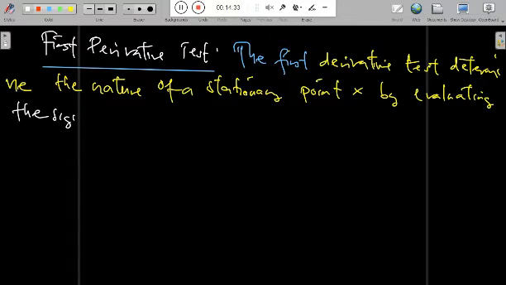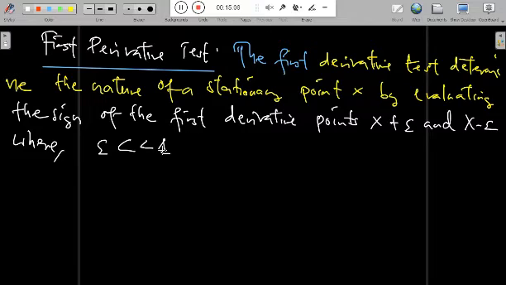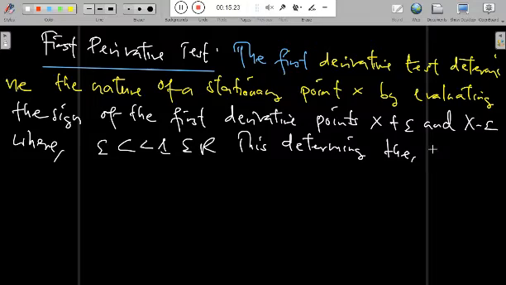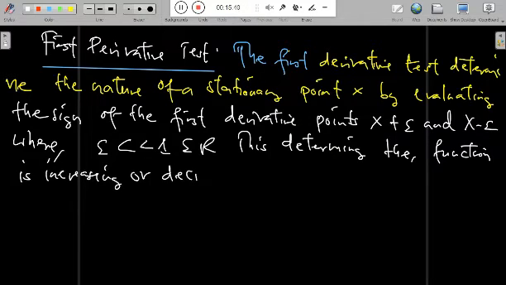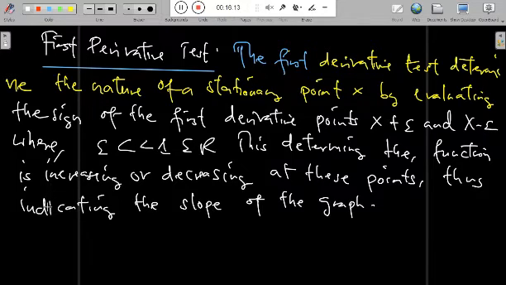Under the first derivative test, we determine the nature of the stationary point at x by evaluating the sign of the first derivative at x plus epsilon and x minus epsilon, where epsilon is a small value less than 1. This determines whether the function is increasing or decreasing at these points.